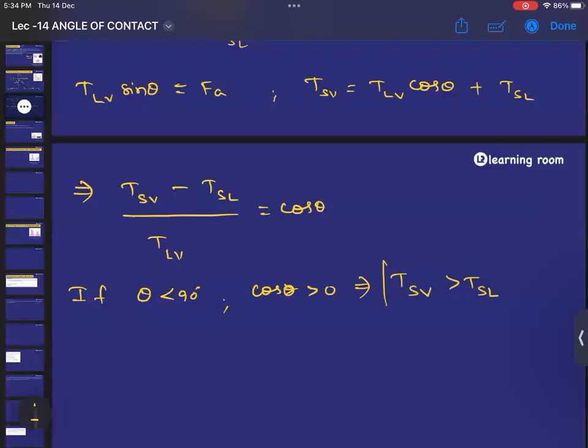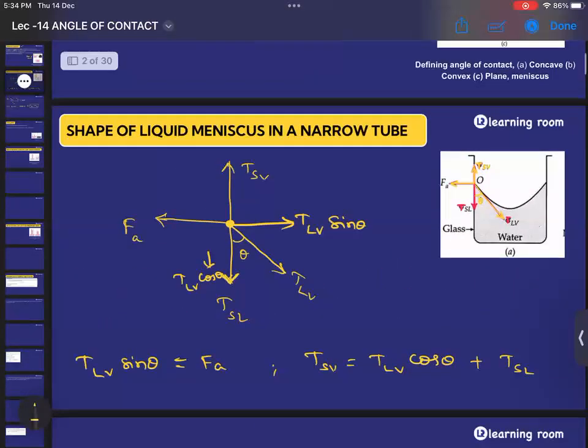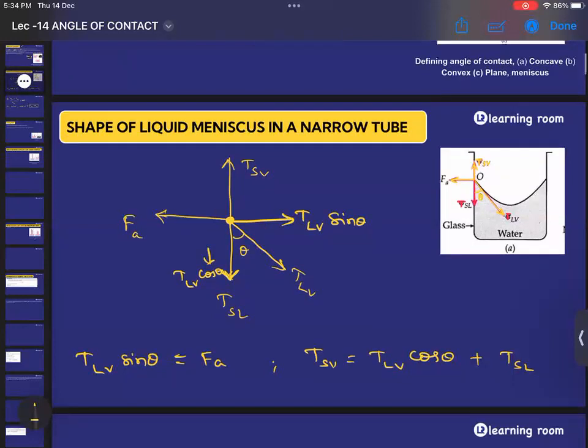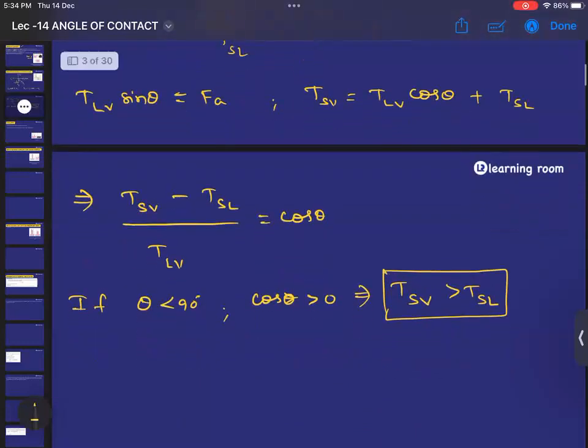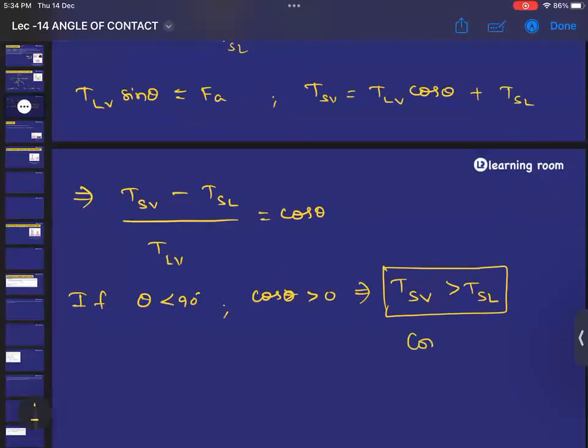Meaning, if the surface tension upward is greater than the downward force, then you will say you have a concave meniscus.